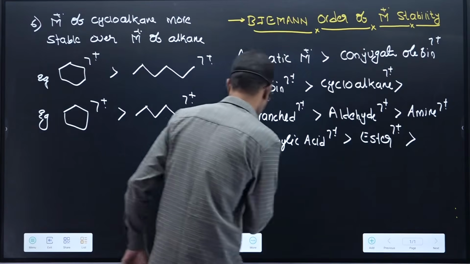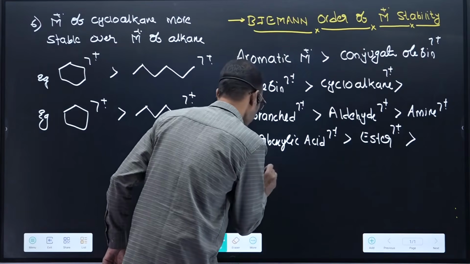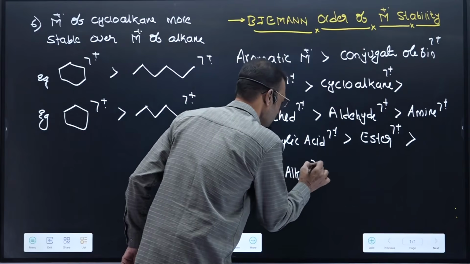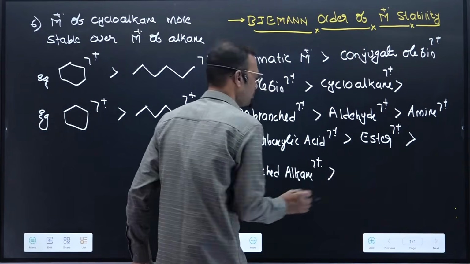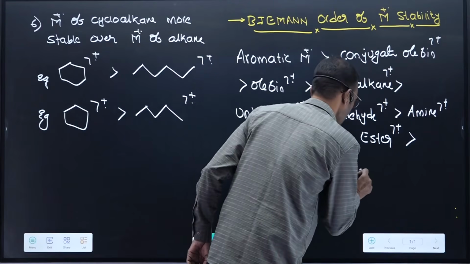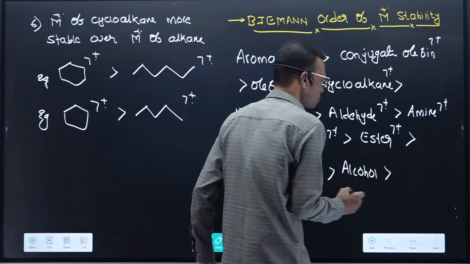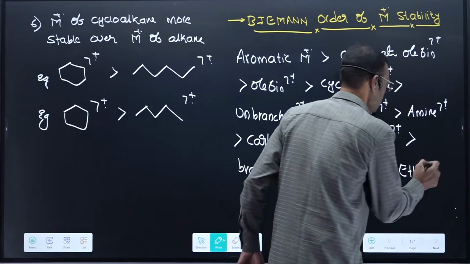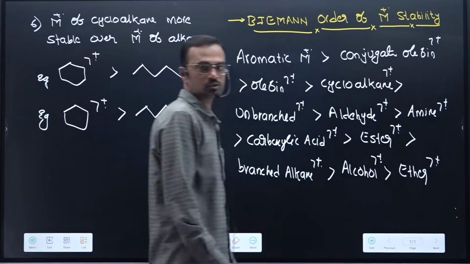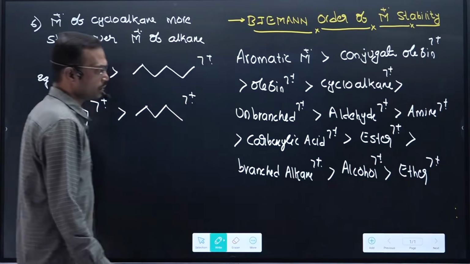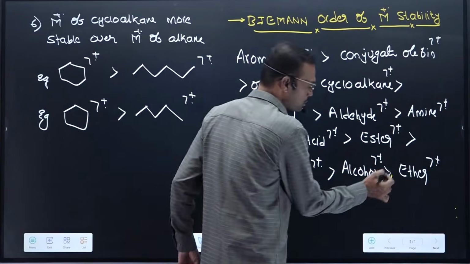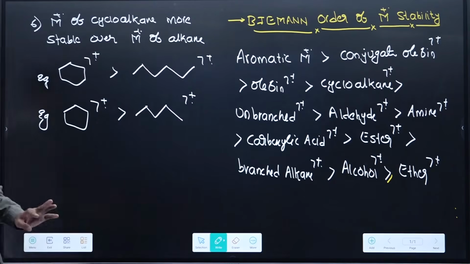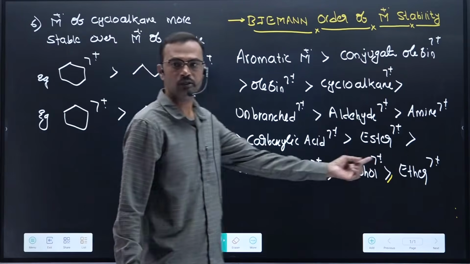This ester molecular ion is more stable than the branched alkane molecular ion. Then followed by alcohol. Alcohol is more stable than ether. These molecular ion stabilities are more or less almost equal. Alcohol and ether depend upon the skeleton. Sometimes ether and alcohol have the same molecular ion stability, but the least priority goes to alcohols and ethers.